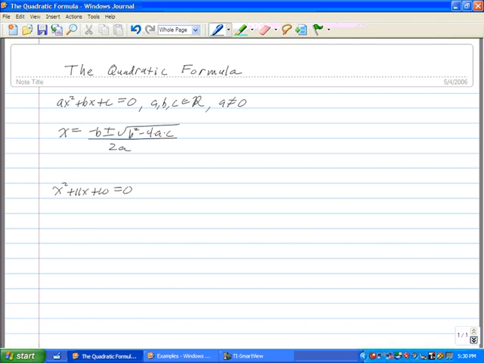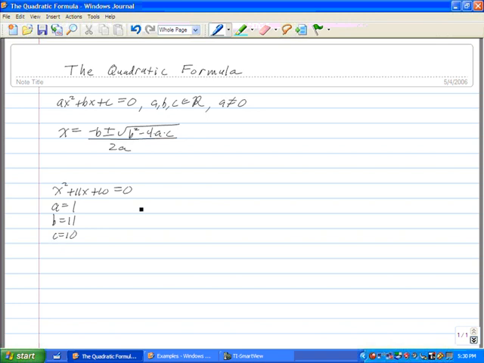Whenever you're using the quadratic formula, I suggest you first of all have it right in front of you so you can just insert values into it just by looking at it and not from memory. And you also need to make a list of your a, your b, and your c value. In this example, a equals 1 because you assume it's a 1x squared, b equals 11, and c equals 10.